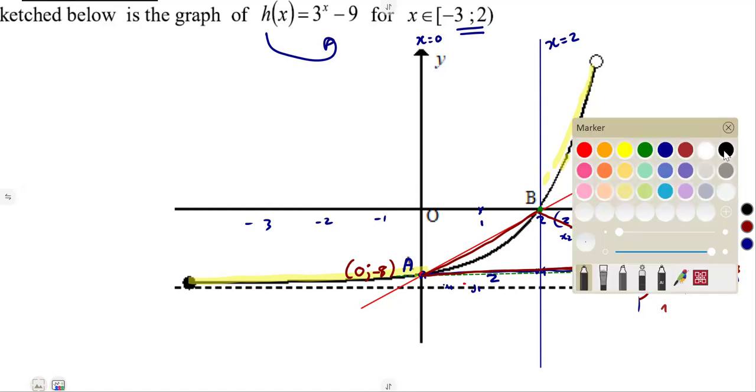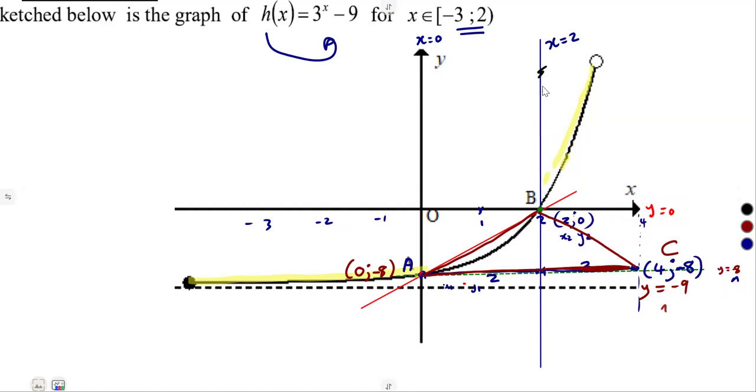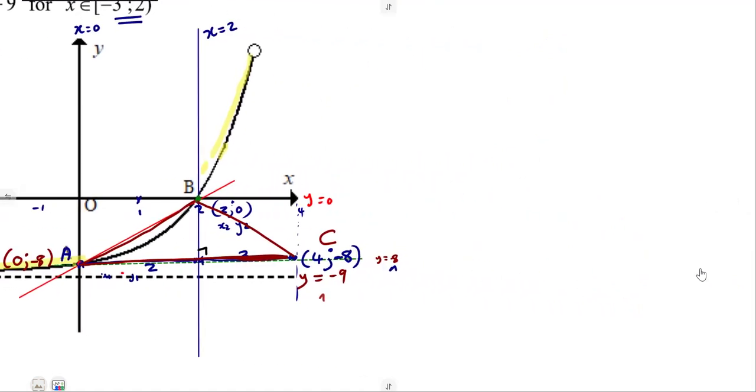What I want you to see here is that x is equal to 2 is a vertical line. y is equal to minus 8 is a horizontal line. So these two meet at 90 degrees. So you can calculate the area of a right angled triangle like this.